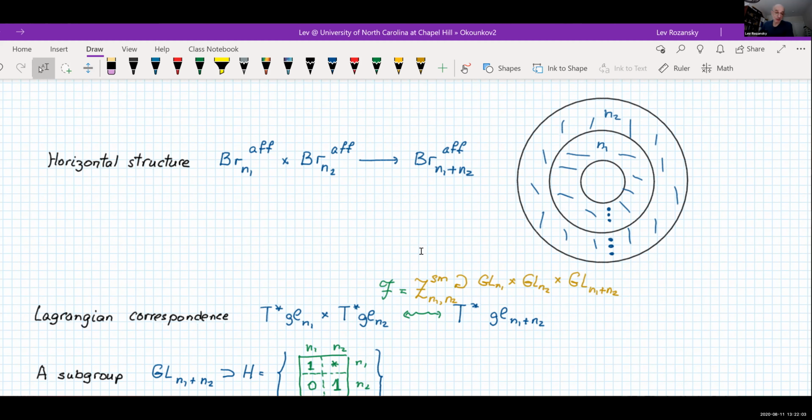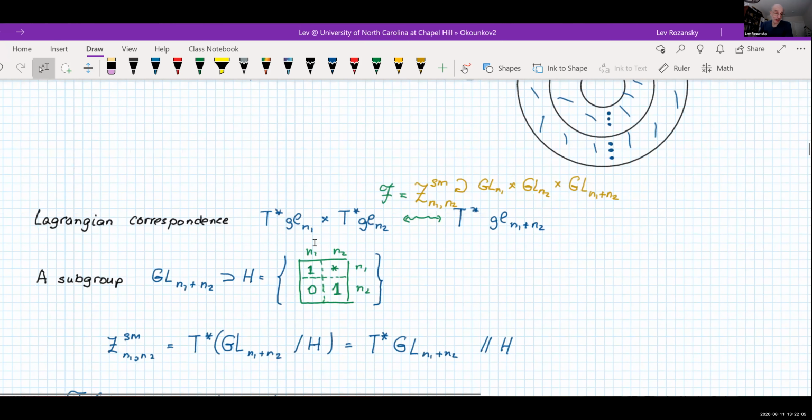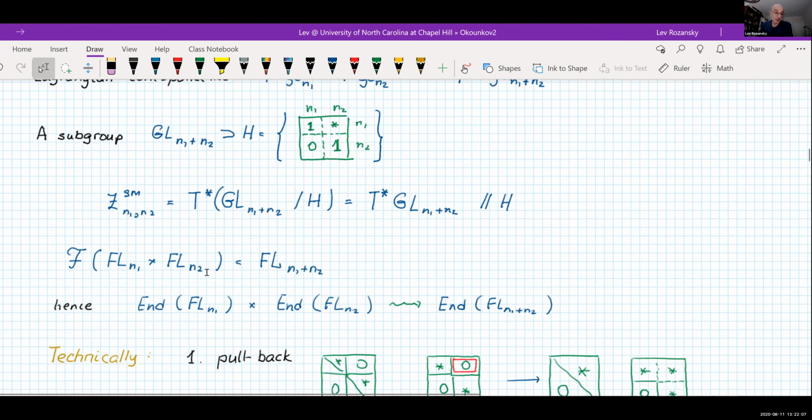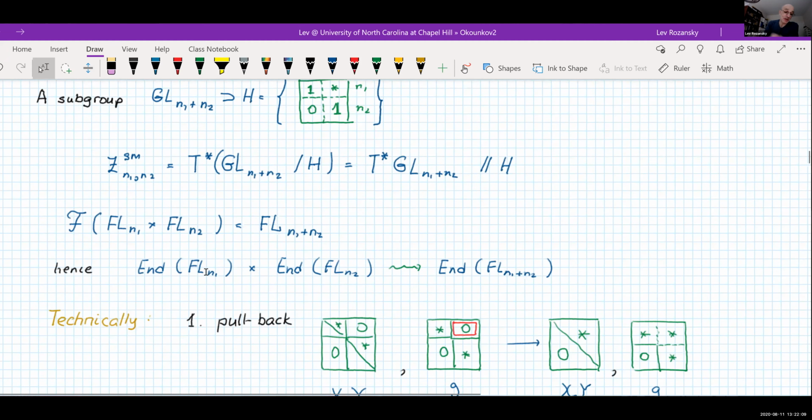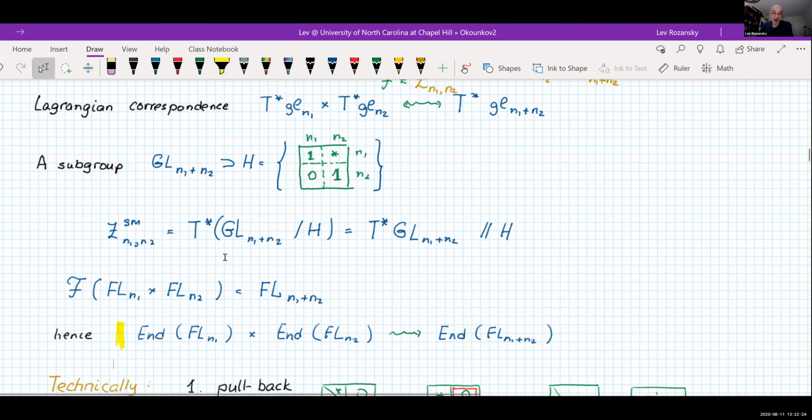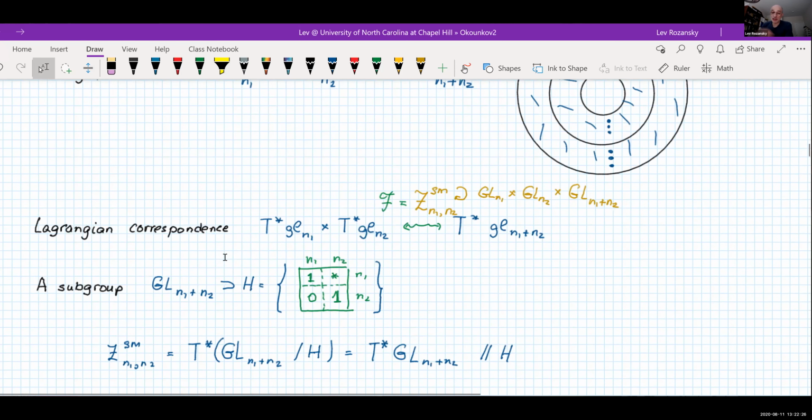So I want to explain that there is a functor from endomorphisms of N1 cross endomorphisms of N2 into endomorphisms of N1 plus N2. But in fact, you have even more.